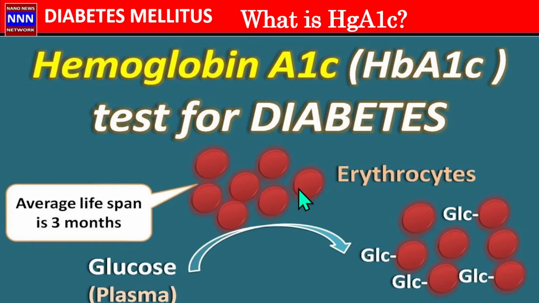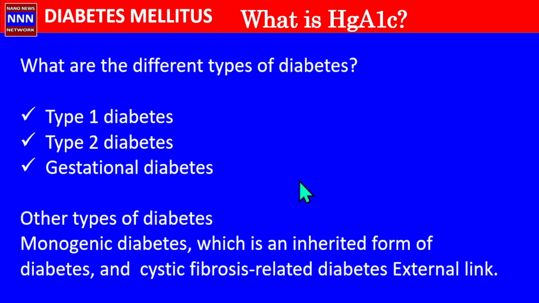When glucose is deposited in these red blood cells, it stays there for almost 3 months. So the hemoglobin level is not going to change within 2 weeks or 3 weeks if you go on a rigorous diet or exercise or a combination of those. But this has to be a long-term, lifelong process of getting our acts together to bring the hemoglobin A1c level down.